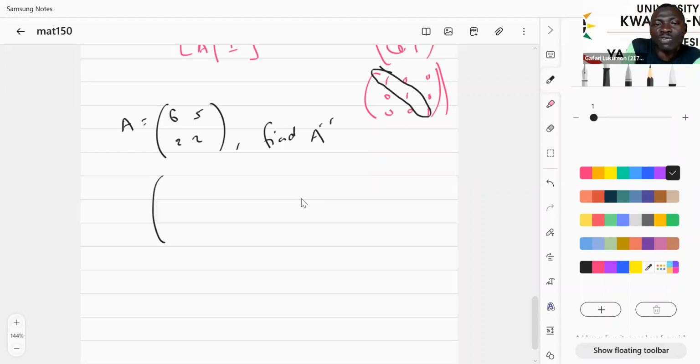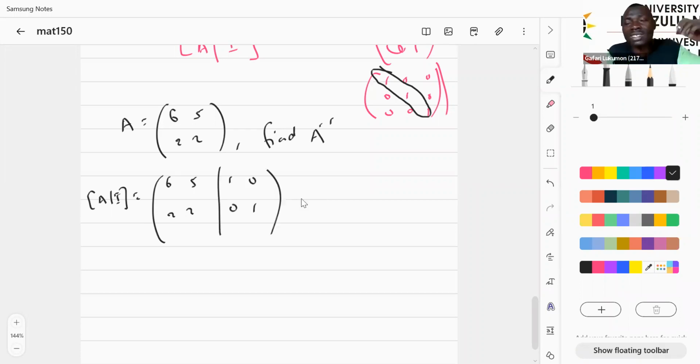That gives me 6, 5, 2, 2, which is A, and then I, which is 1, 0, 0, 1. If it is a 3 by 3 matrix, you will have 1, 0, 0, 0, 1, 0, 0, 0, 1. But since it is a 2 by 2 matrix, we have 1, 0, 0, 1.